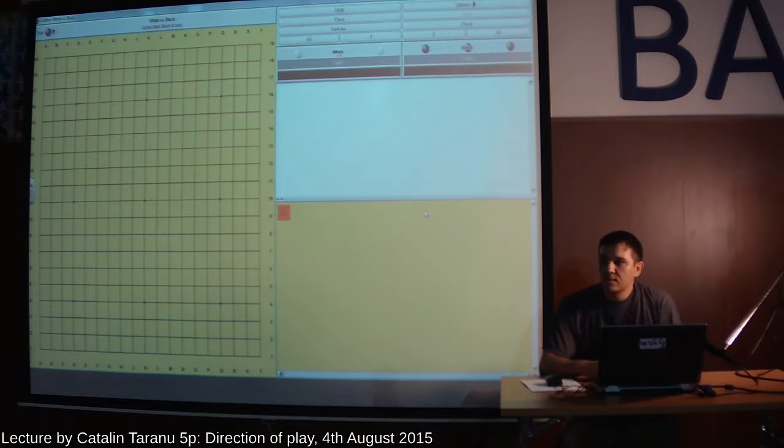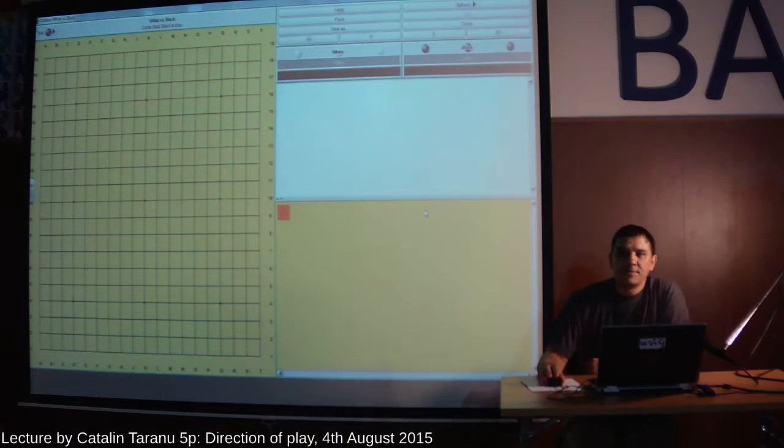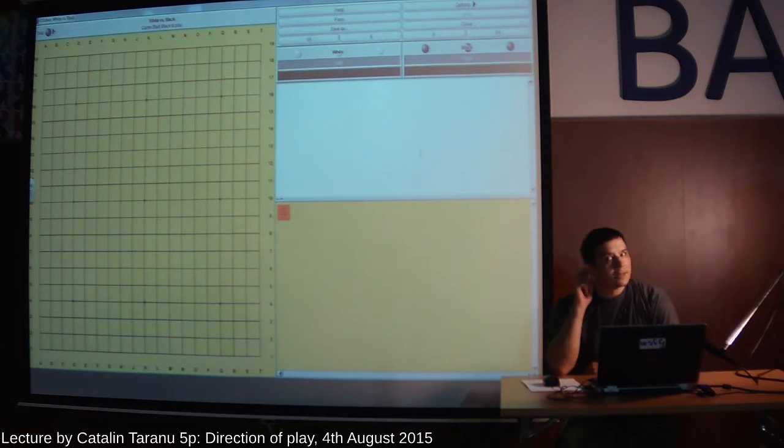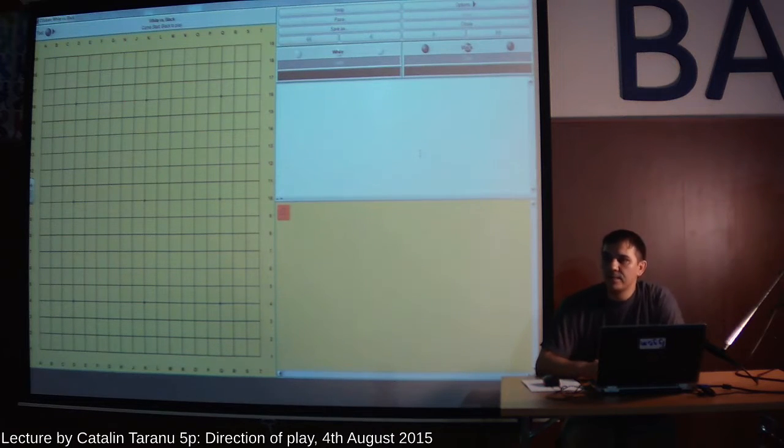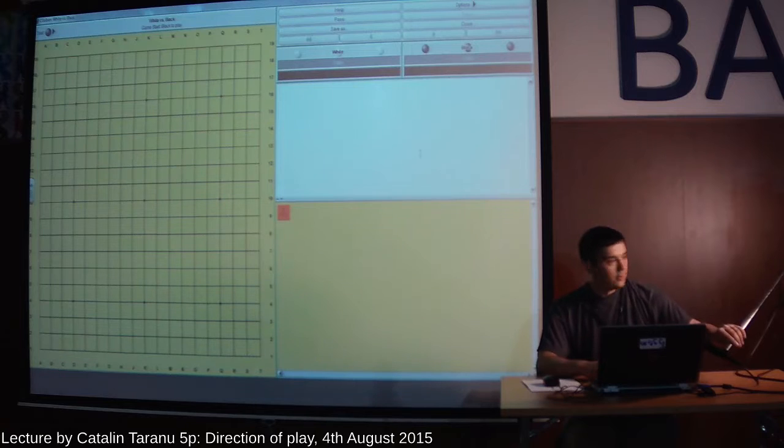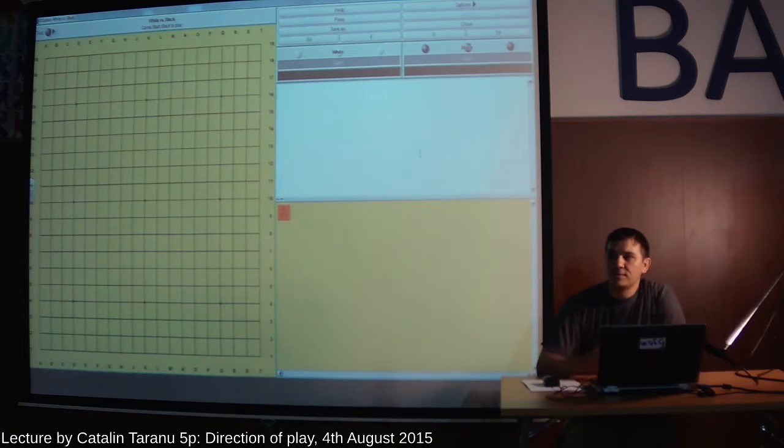But before I start, I would like to say a few things about what this direction of play actually is. This concept refers to where is big on the board, where we have potential to play. To understand what the big areas are, the first part of the game is this development on a large area.